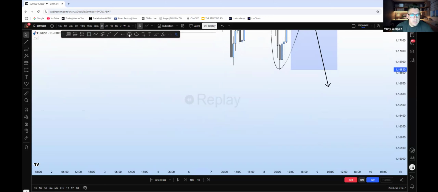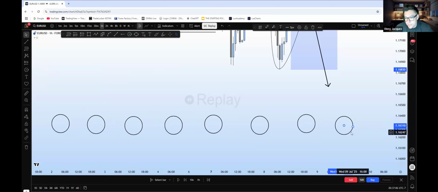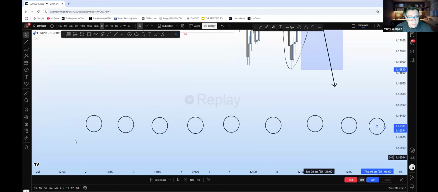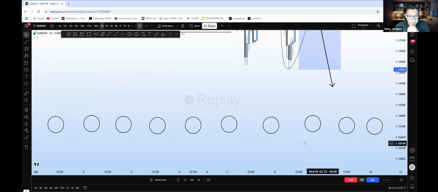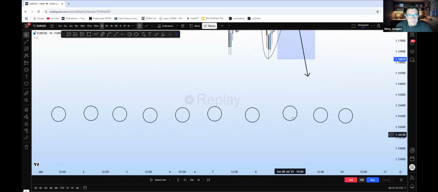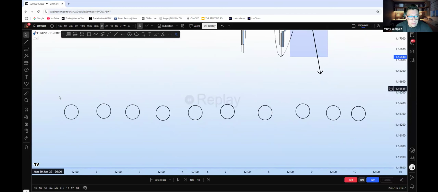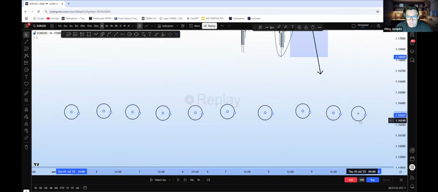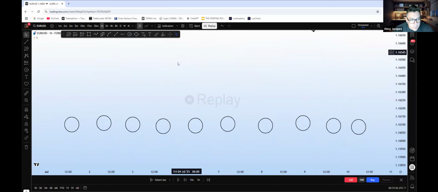If I take 10 trades, 1, 2, 3, 4, 5, 6, 7, 8, 9, 10. 10 trades right here, right?